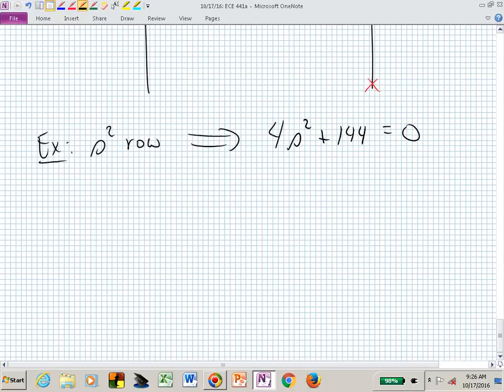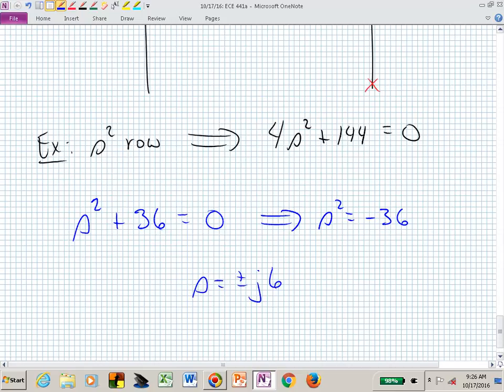And we can divide out the 4, giving us s squared plus 36, or s squared is now equal to minus 36, or s is equal to plus and minus j6. And that's consistent with the symmetry picture that we deduced that had to be the case for this particular example. If you would have had one sign change and symmetry with respect to the origin, then you would have had the left picture. Is that clear?